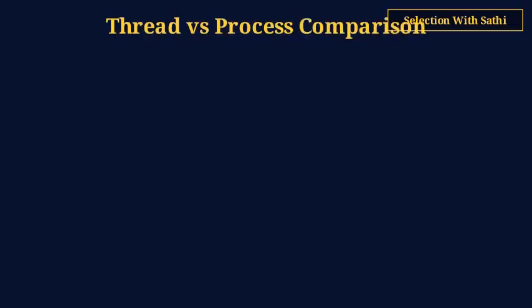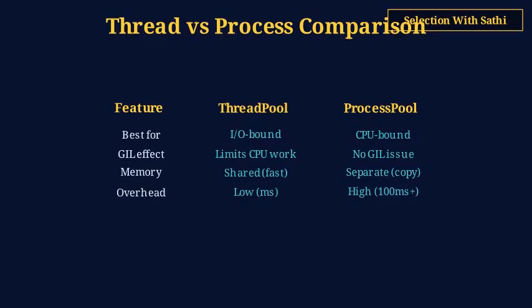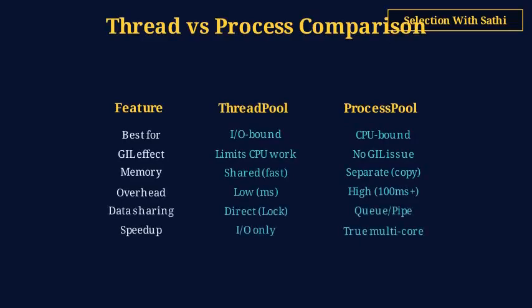Let's compare ThreadPool and ProcessPool side by side. ThreadPool is best for I/O-bound tasks. The GIL limits CPU work but releases during I/O. ProcessPool is best for CPU-bound tasks. Each process has its own GIL.